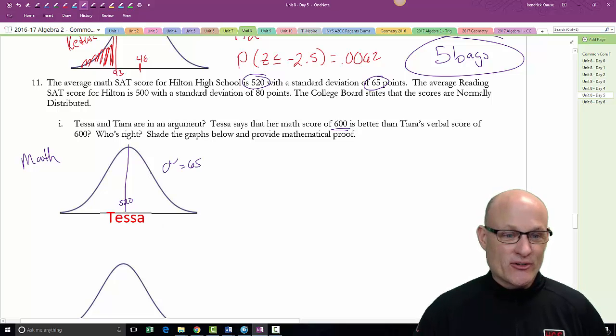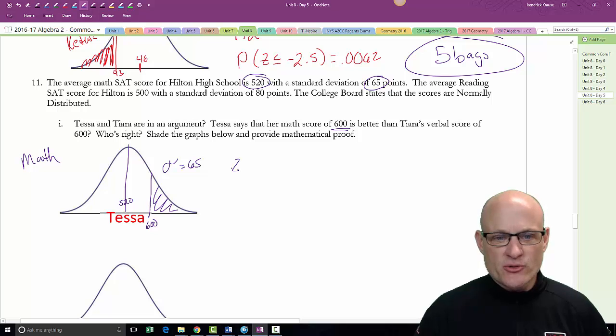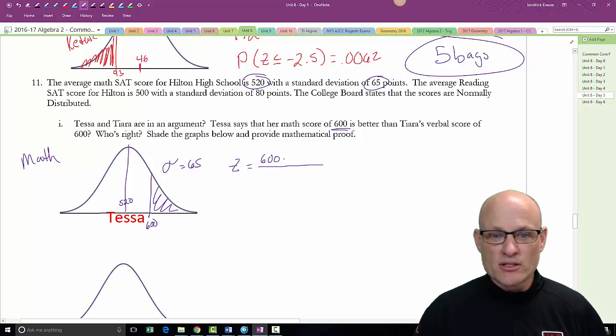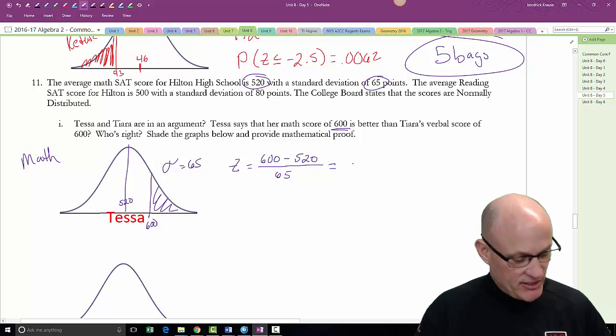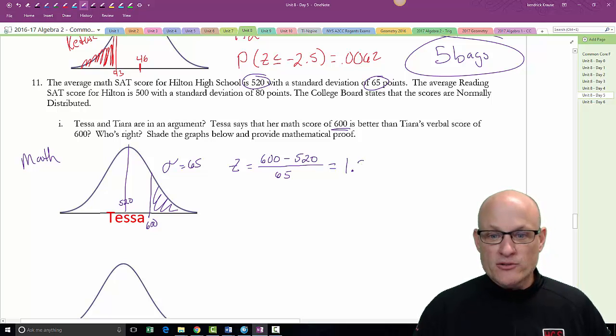Tessa got a 600, so she's up here somewhere. So let's convert this to a z-score. A z-score of 600, that's Tessa's score, minus 520, which is the average, divided by 65. Well, if we do that mathematics, that z-score is 1.23.